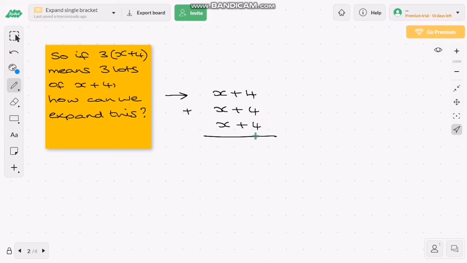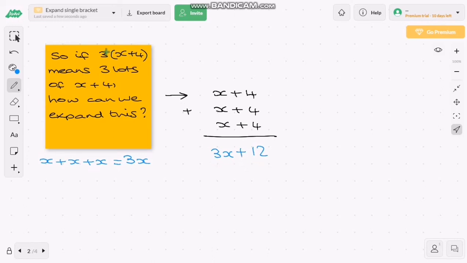So 4 plus 4 plus 4 is 12, positive 12. And what is x plus x plus x? Well, that's 3 lots of x's, so that simplifies to 3x. So that's 3x plus 12. So 3 times x plus 4, or 3 lots of x plus 4, is the same as 3x plus 12.